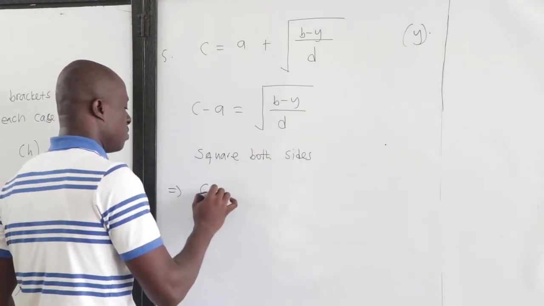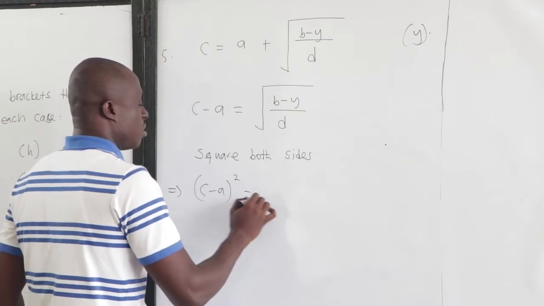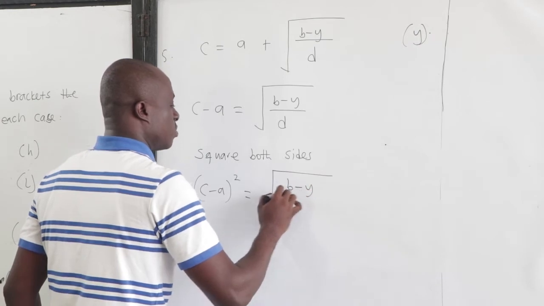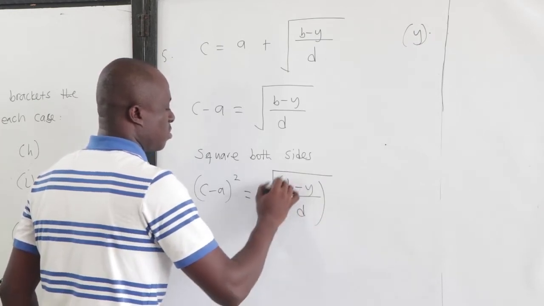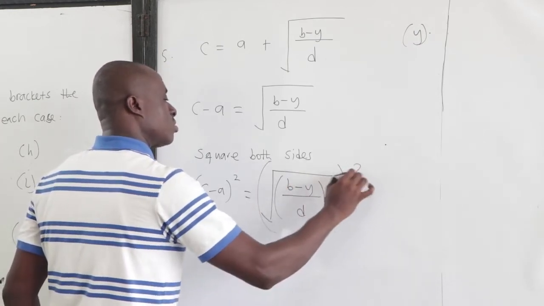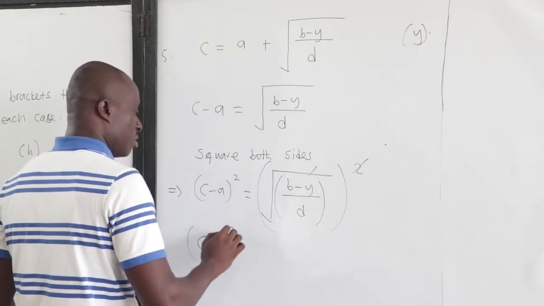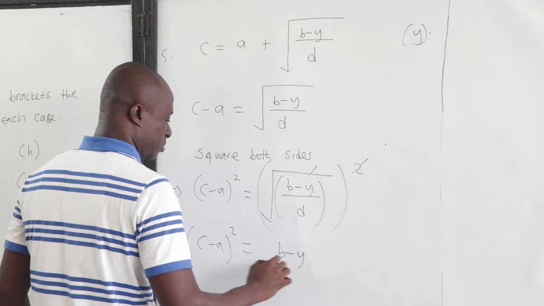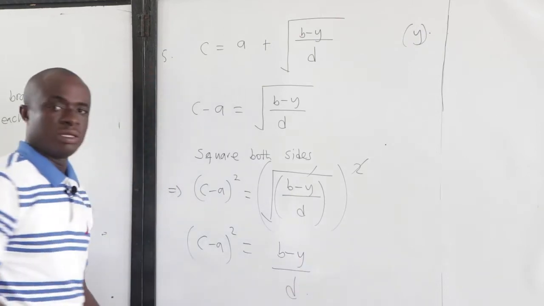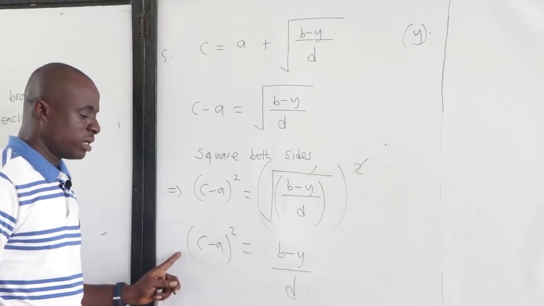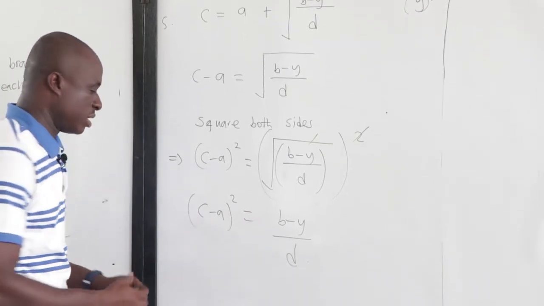This one you have c minus a all squared equal to square root of b minus y over d, all squared. This will cancel this. c minus a all square equal to b minus y all over d. We want to make y the subject. So multiply this by d, we also multiply that by d.